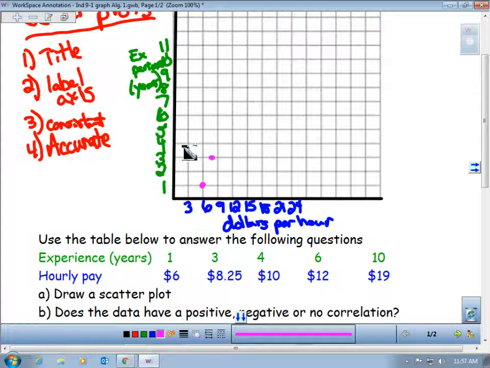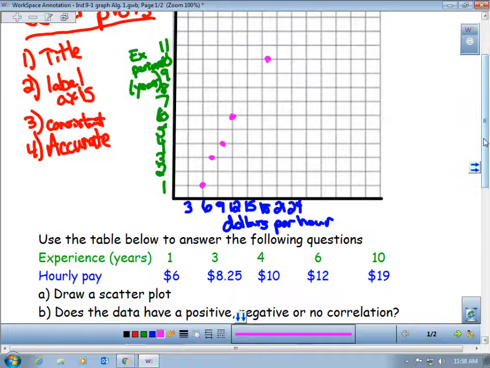For 4, it would be $10. So 4 would be just a little bit past the 9. For 6, it's 12. So 6 and 12 is definitely right on the point. And then for 10 years, it's 19. And 19 would be just a little bit past the 18. So there. So that's the fourth thing: let's be accurate.